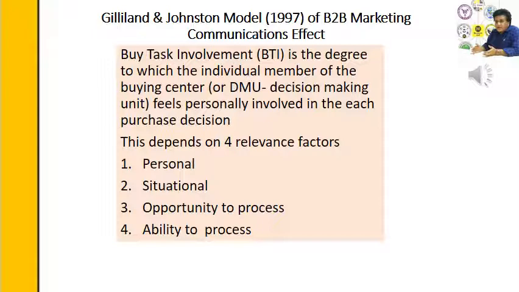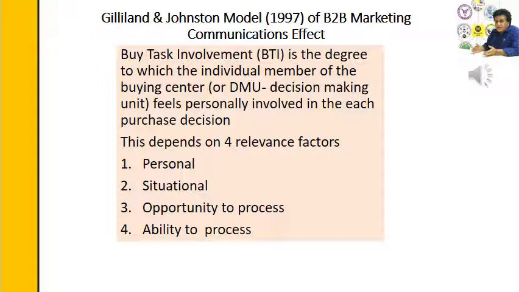So opportunity to process must be high. There should be very little distraction and noise. This distraction and noise can come in the form of, you remember we studied about gatekeepers, those who can have a negative influence on your sale process.